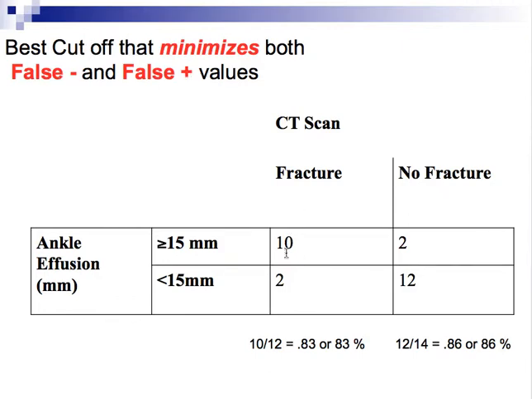And so we would end up with 10 true positives using this 15 millimeter cutoff, and then we'd have 2 false positives here. So these are our mistakes. And that would lead to a sensitivity of 83% and a specificity of 86% using that particular contingency table.